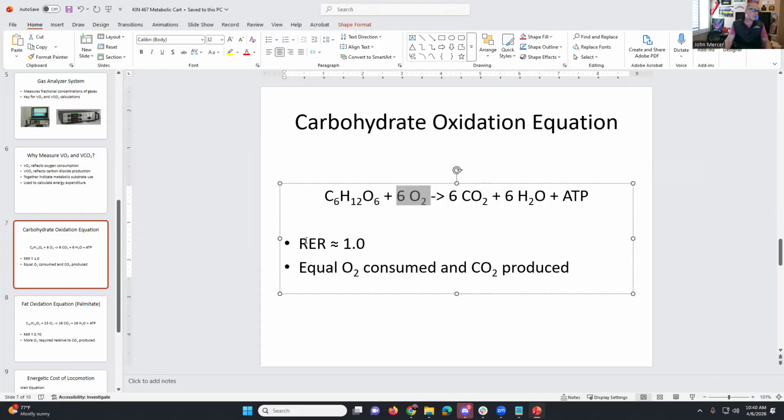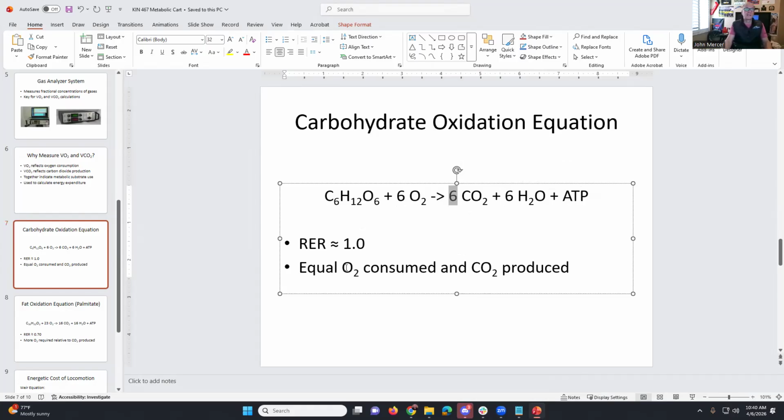And we calculate, oh, sorry, I didn't put the equation here. We calculate respiratory exchange ratio. I don't know why I don't have that in there. It's the ratio of carbon dioxide produced to oxygen used. If we have 6 units of oxygen used and 6 carbon dioxide produced, we have an RER of 1.0.